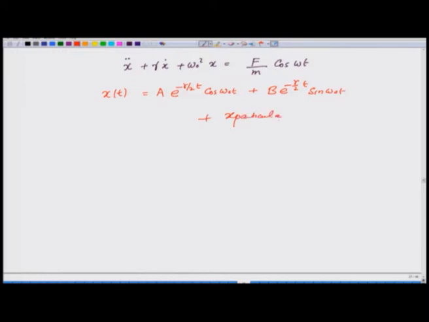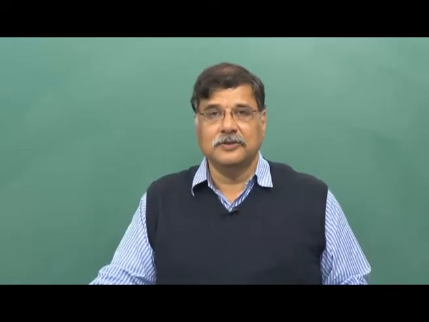Recall that x particular was f over m times omega 0 square minus omega square, cosine omega t, in the case of the undamped oscillator.